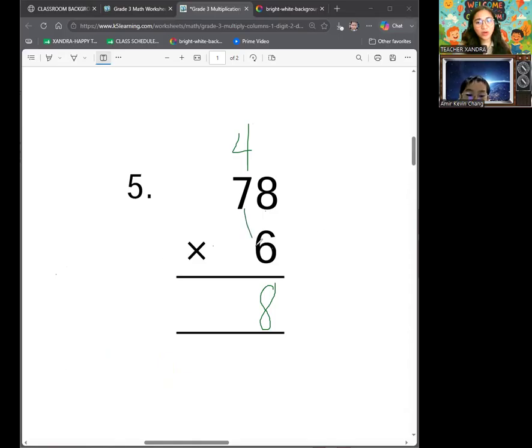We're looking for the product of 7 times 6. So 7, 14, 21, 28.